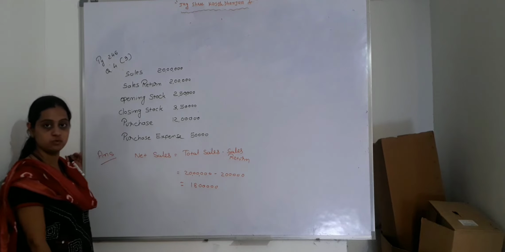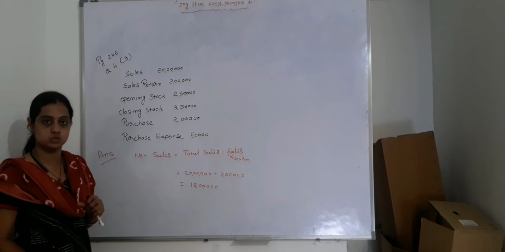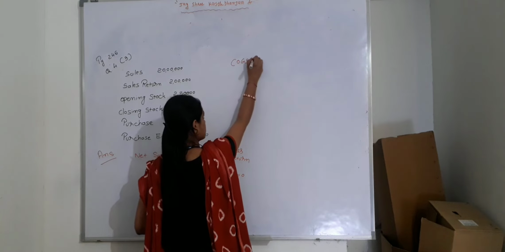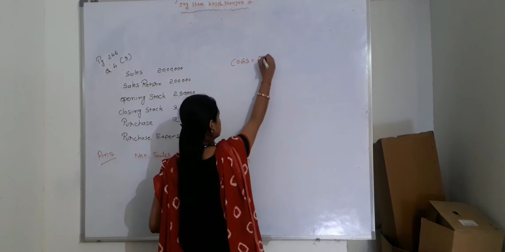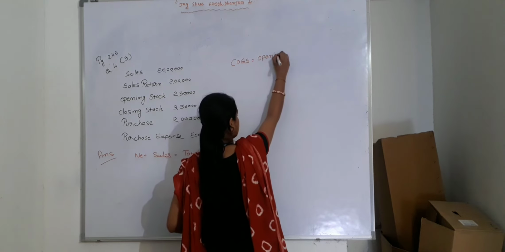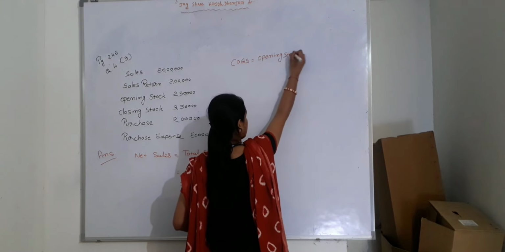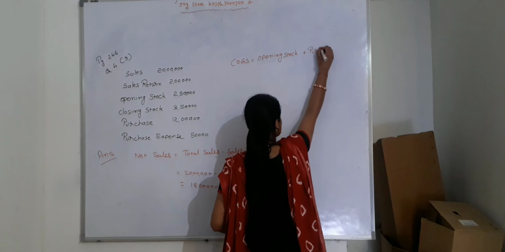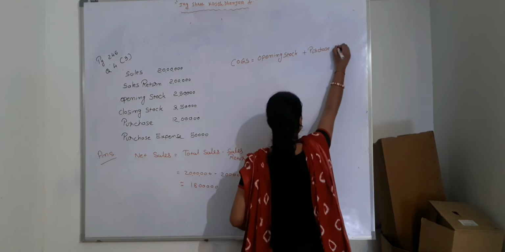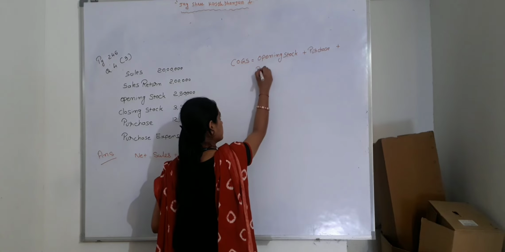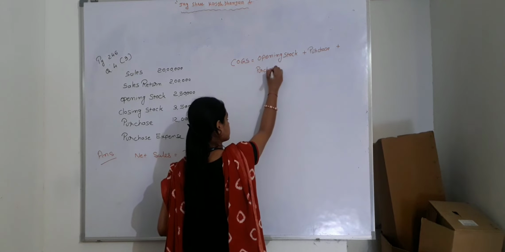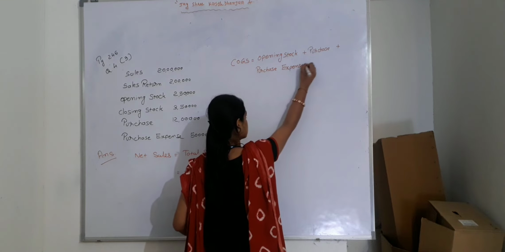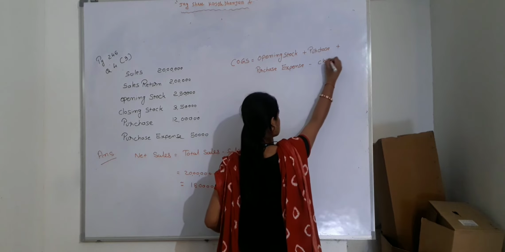Now we have to find cost of goods sold. That means COGS is equal to, formula is opening stock plus purchase plus purchase expense minus closing stock.